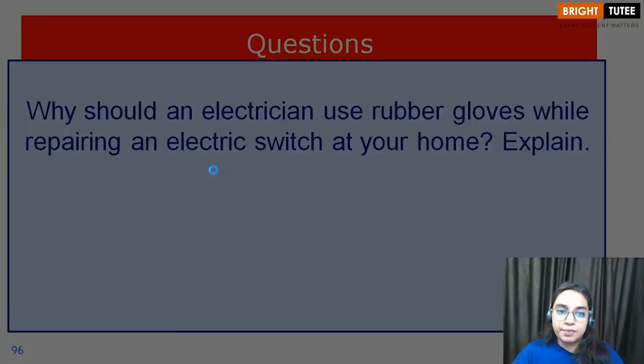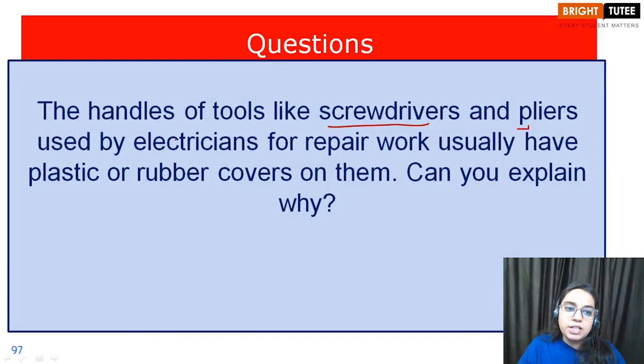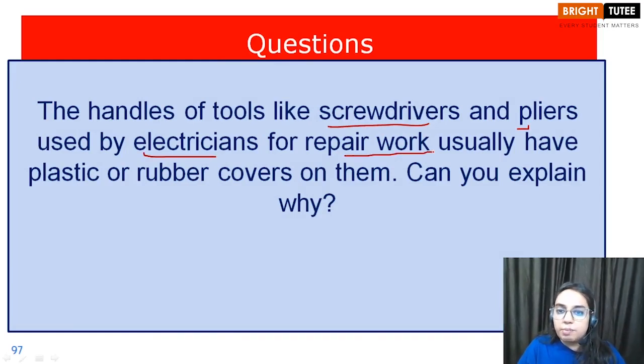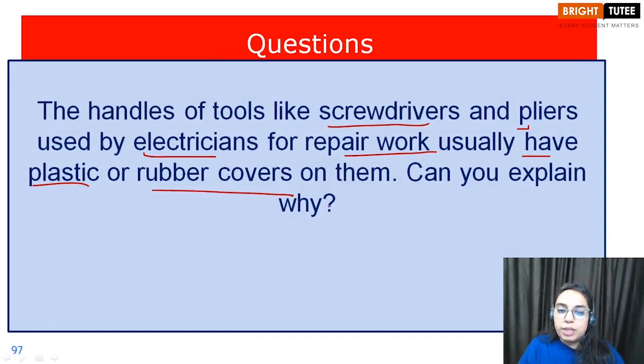Okay. So children, the next question is, the handles of the tools like screwdrivers and pliers used by an electrician for repair work usually have plastic or rubber covers on them. Can you explain why? Yes children, I am sure that you will be able to answer this, because there is no need to cram in science. You just have to apply the basics.